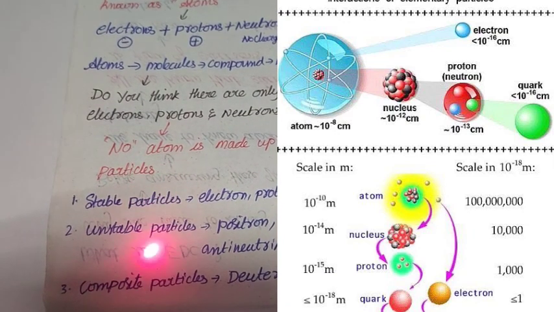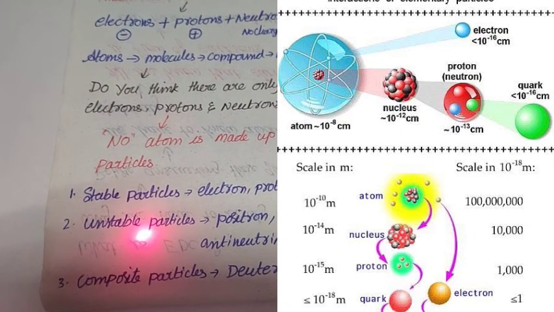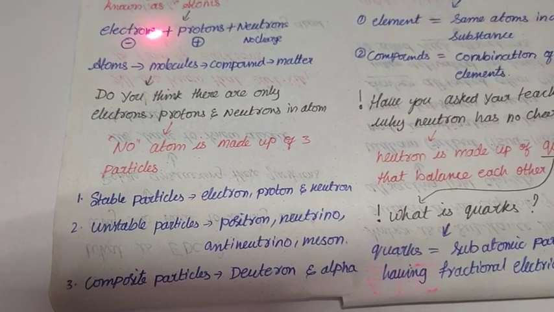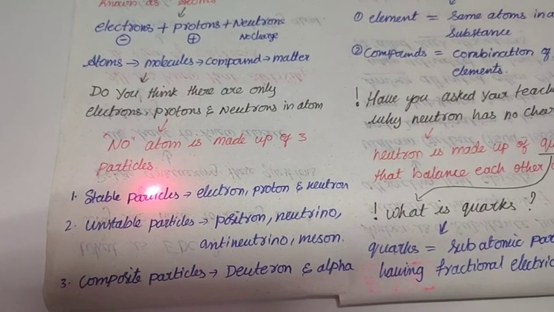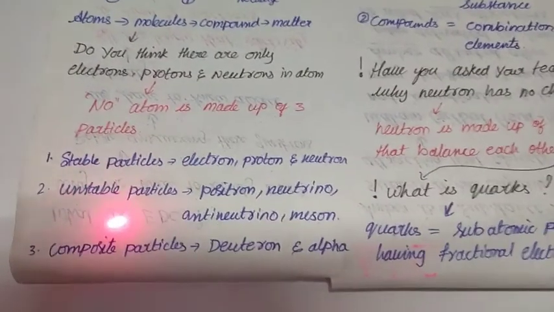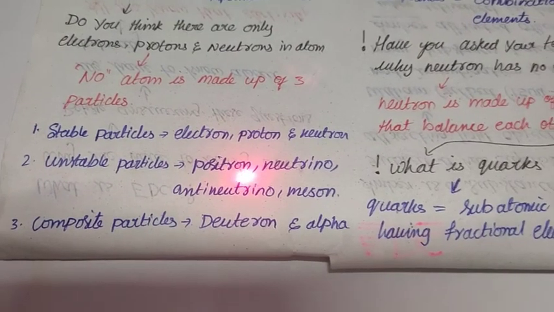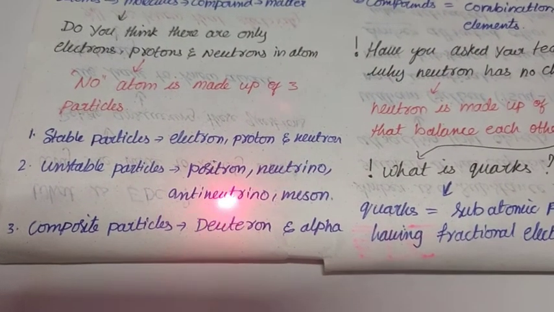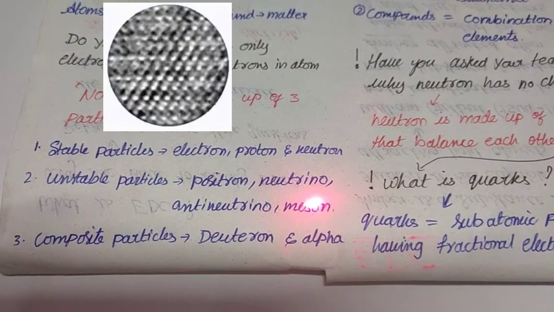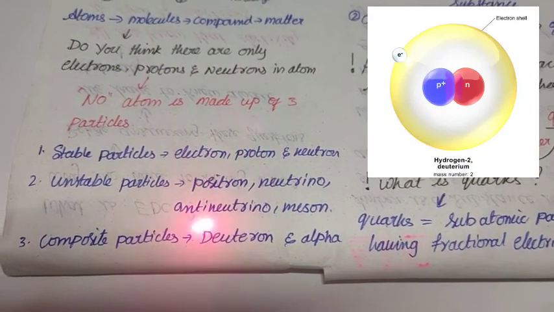We have three kinds of particles: stable particles, unstable particles, and composite particles. As you know, electron, proton, and neutron are stable particles. We don't know the others, so learn them. Unstable particles: positron, neutrino, antineutrino, meson. Composite particles: deuteron, alpha.